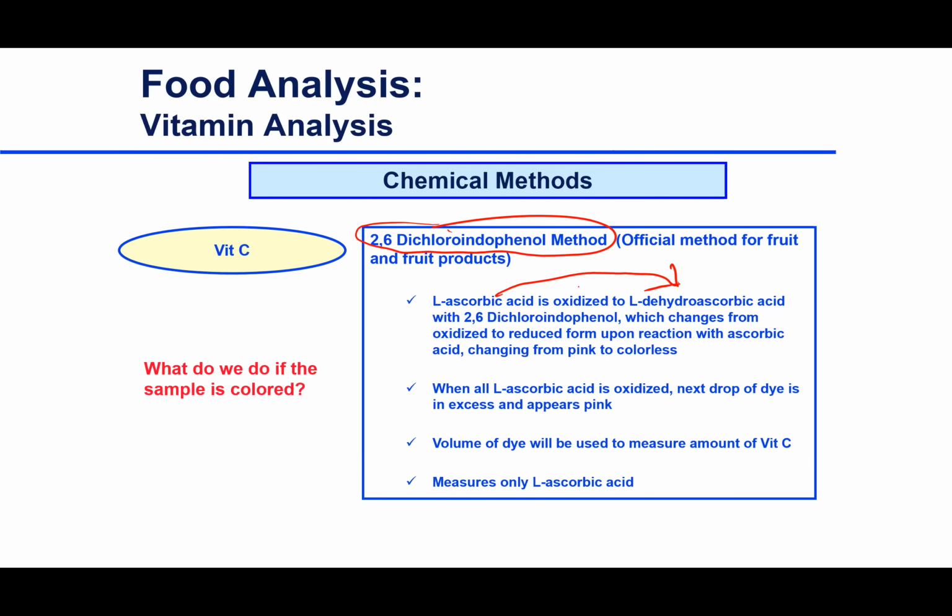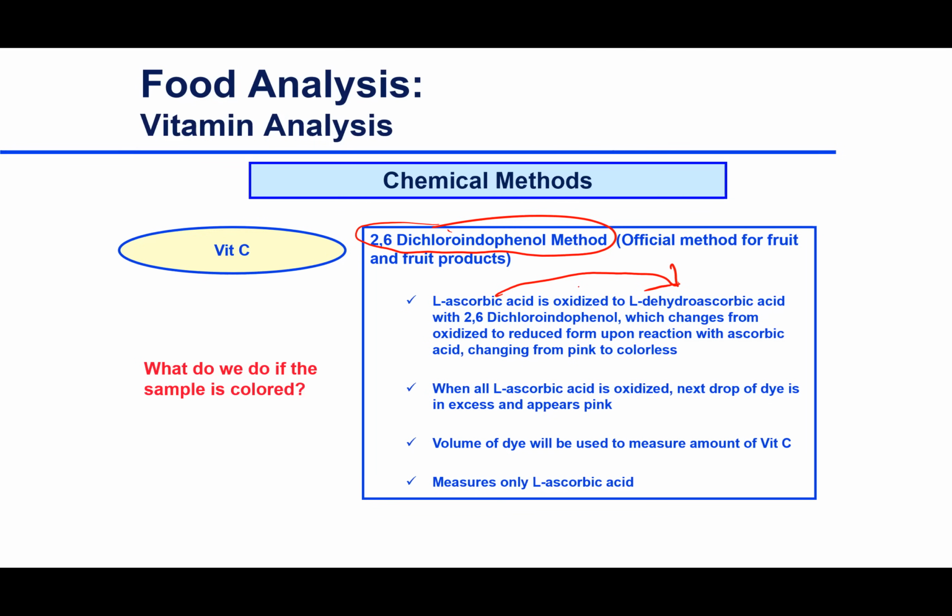The method we're using measures the reduced form. So what do you do with the oxidized form? You reduce it. Not complicated. Well, to do it is a little complicated, but the concept is simple. You just take your sample and you add a reducing agent to reduce all the dehydroascorbic acid to ascorbic acid. So that's the theory anyway.